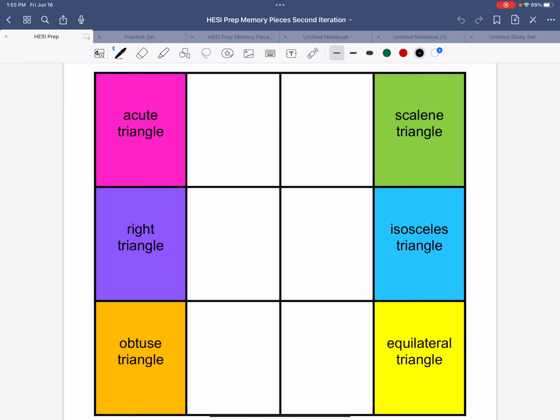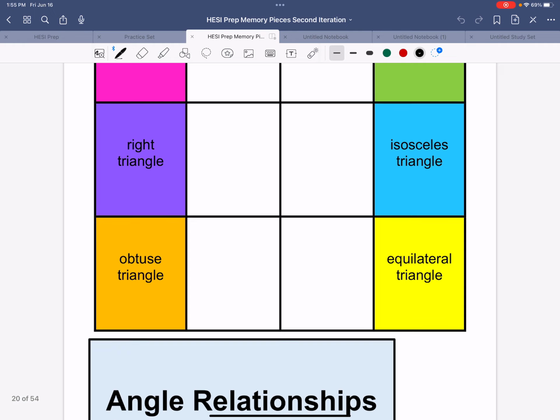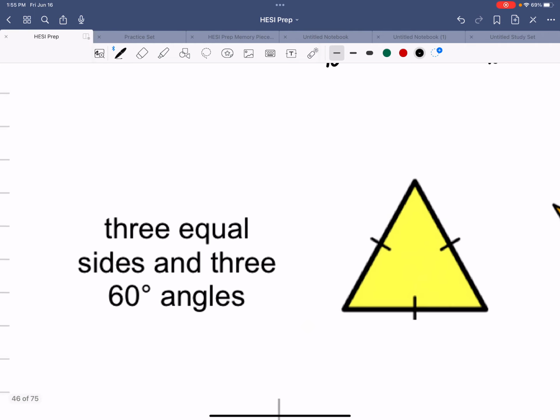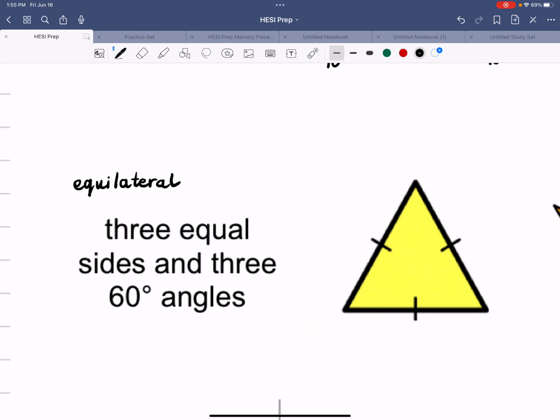Okay, then we should have equilateral. It's the yellow one. So that's this one. This is the square of the triangle world. And let me just tell you something here about the word equilateral. Lateral means side. Equi or equa means same.